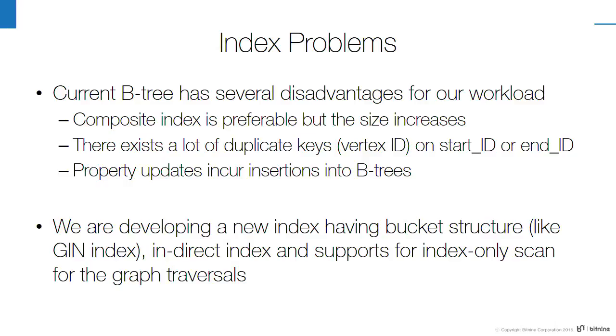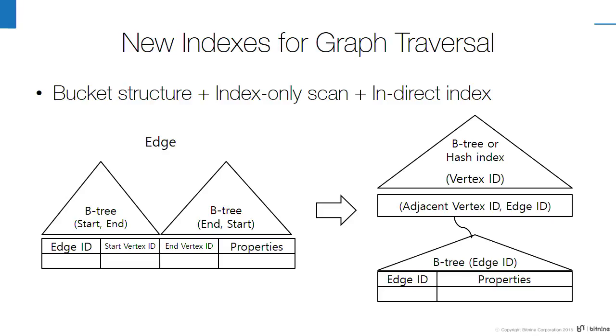Currently, we are developing a new index mechanism to resolve these issues. We should reduce the size of the index and at the same time, we should be able to use index-only scans. And an indirect indexing mechanism is also needed.